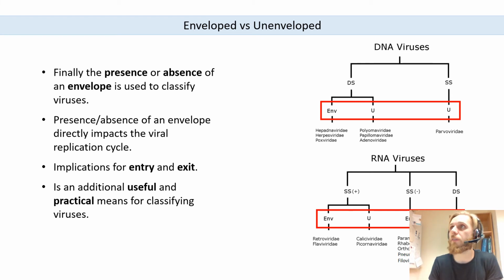Obviously, because you have this process of budding where the virus steals a bit of the envelope when it leaves a cell, and then you have the process of fusion where the viral envelope fuses with the cell membrane when the virus enters a new cell, these are specific events that only occur in viruses that have an envelope. You may have heard of drugs called fusion inhibitors. Fusion inhibitors are antivirals that inhibit the process of fusion.